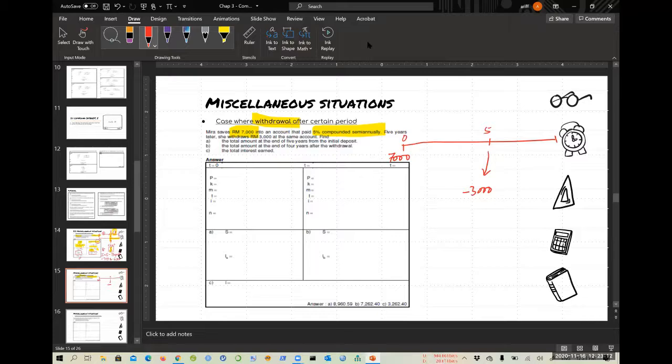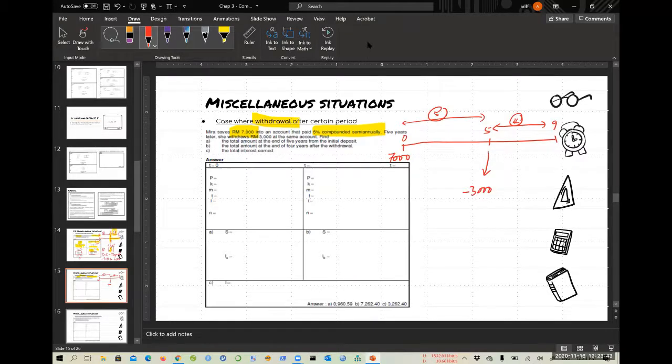Just now we added 3,000, right? And then it stays in the account 4 years after the withdrawal. So that means here is 9 years. So the duration here is 5 years, and then the duration here is 4 years. Okay, so 5 and 4, you get 9 years.